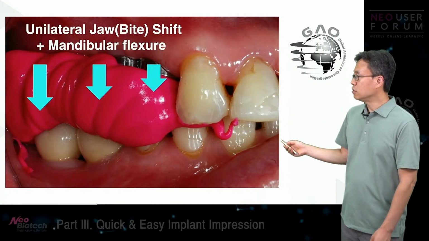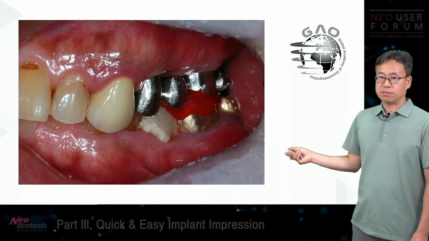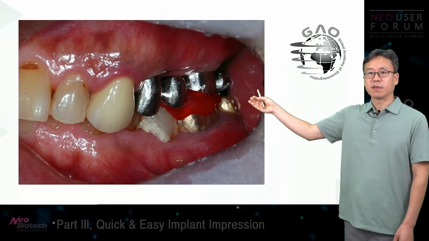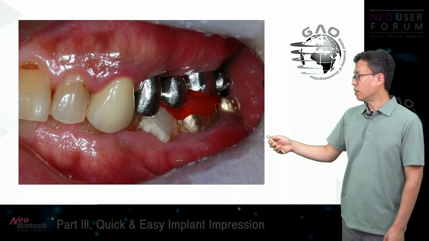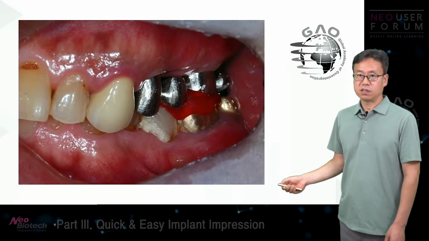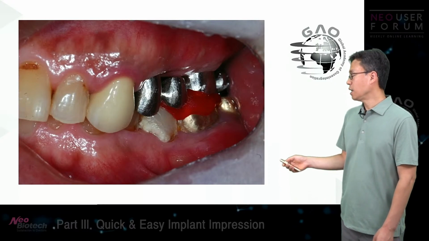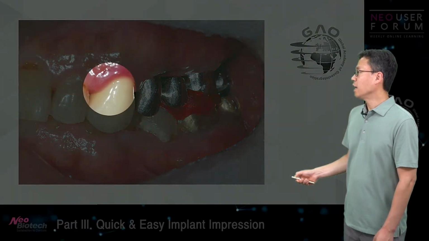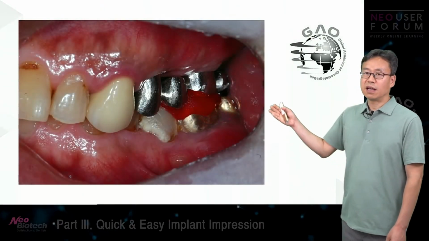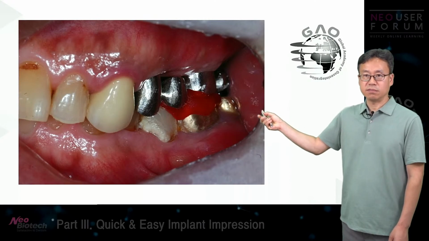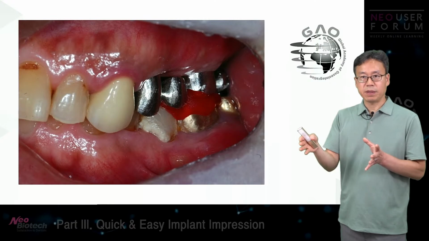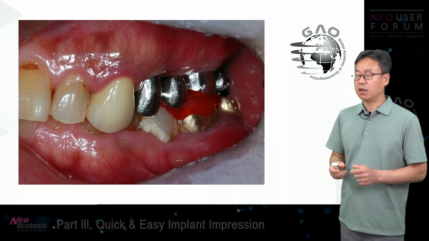So what I usually do is this. With that kind of bite, I only make this metal substructure first, and then try to take another accurate bite registration with something like pattern resin, which can give you a very hard, crisp, accurate bite registration.